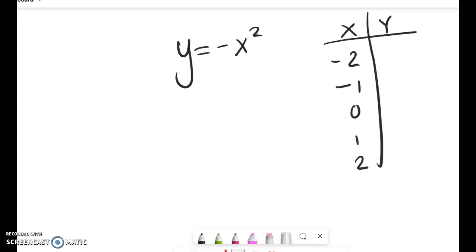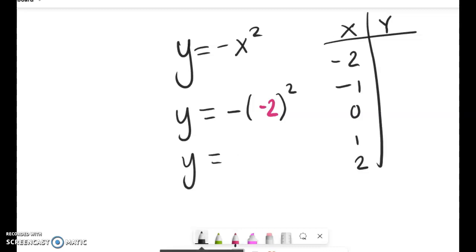Now we have to be careful when plugging these in, because we have this negative sign here, and it's outside the x squared. So inside the x squared, I'm going to put in negative 2. What will happen here is the negative 2 squared will become positive, and I will get negative 4. Then I repeat the same process, and I plug in negative 1.